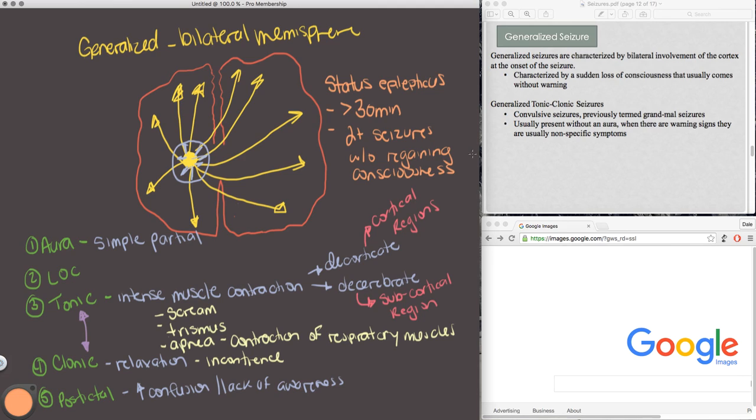The number one cause of this tonic-clonic generalized seizure is lack of compliance with medications. So usually these people are epileptics and they aren't taking their anti-seizure medications. It's important to note that these seizures can happen in people who are not epileptic.